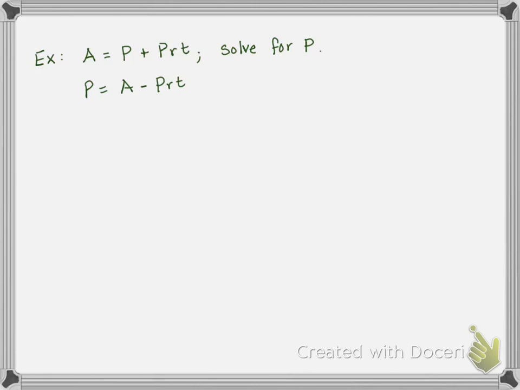However, imagine plugging numbers in so that you can find out what P is. In order to figure out what P is, you would have to know what P is, because P is in the right side as well. So there'd be no way to actually figure it out. If you knew A, R, and T, you still don't know P because you can't actually plug all the numbers into the right side to get the left. So that's not going to work.